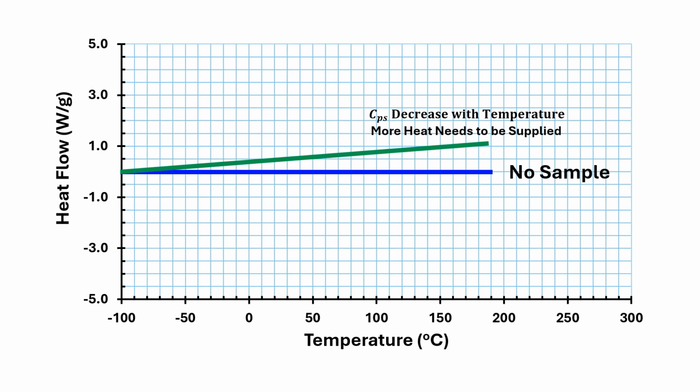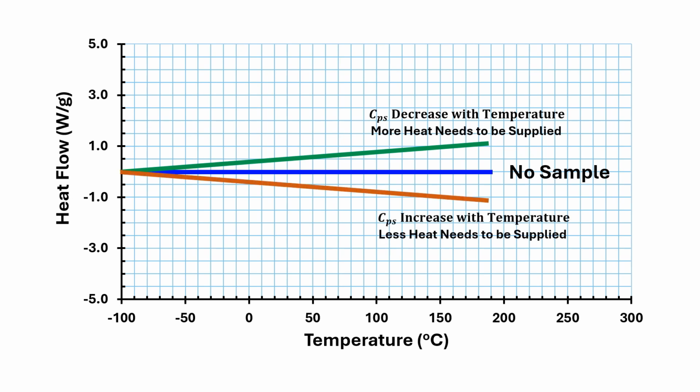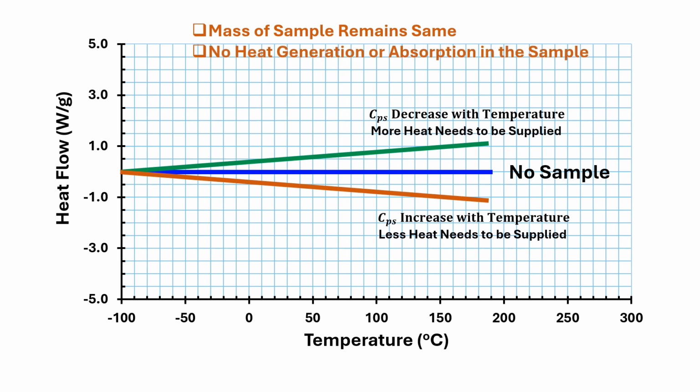If the specific heat increases with the increase of temperature, then we should have a linear line with a decreasing slope. We need to keep in mind that the mass of the sample remains the same during the heating or cooling process, no heat generation or absorption in the sample, and a specific heat is linearly increased with temperature.